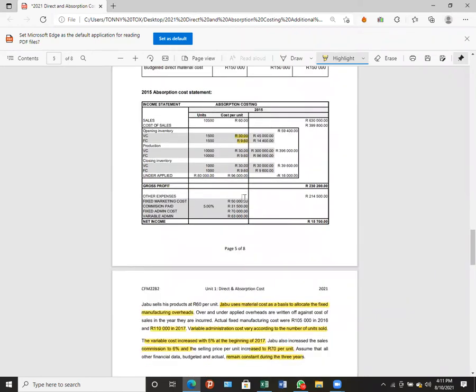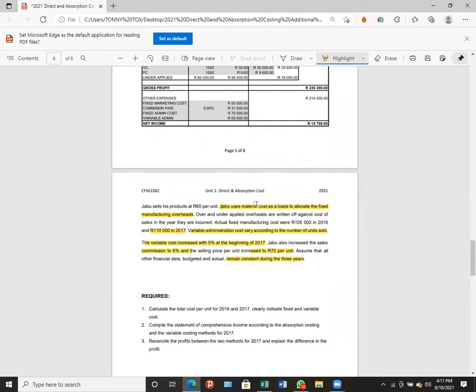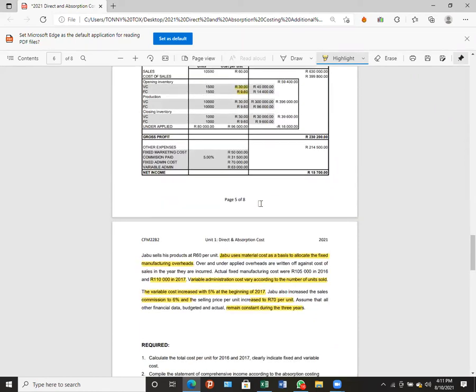So we need to calculate POR. Remember how to calculate applied: applied is equal to POR times actual basis.